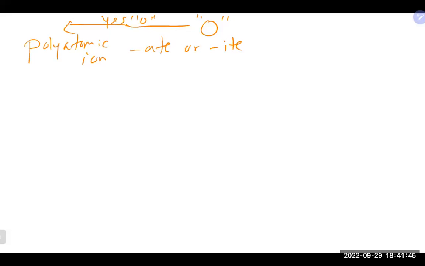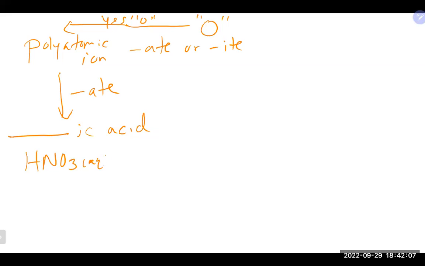And the way that the polyatomic ion ends determines how you name the acid. So if your polyatomic ion ends in ate, your acid is something-ic acid. Once again, here the cation is going to be the H plus. So if we take something like HNO3, this has obviously oxygen.